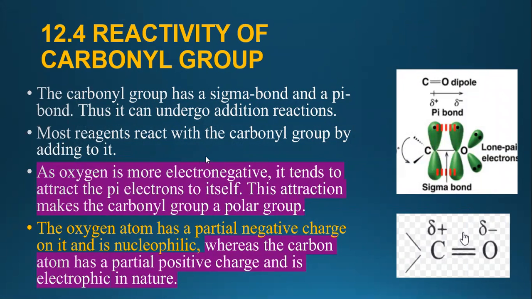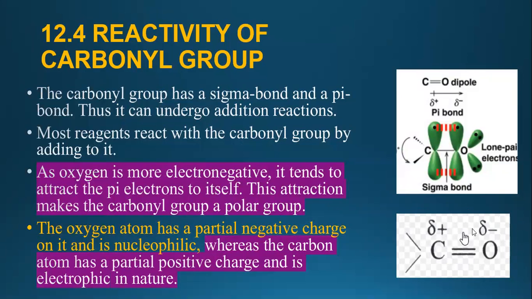Most reagents will react with the carbonyl group by adding to it, as oxygen is more electronegative. Oxygen is one of the most electronegative elements of the periodic table, which means it has a tendency to attract the pi electrons toward itself. If a bond is developed between these two atoms, oxygen, being more electronegative, attracts the electron density toward itself, and this makes the carbonyl group a polar group.